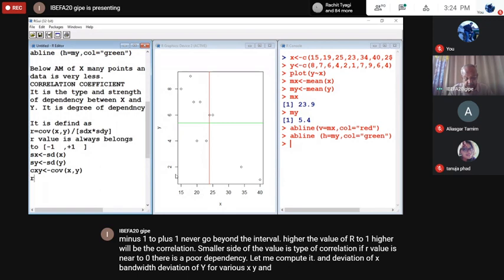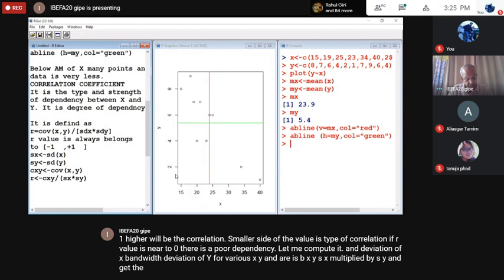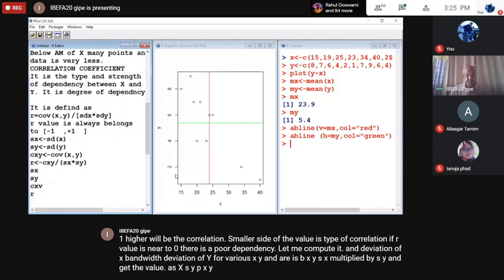And R is CXY divided by SX multiplied by SY. And get the values SX, SY, CXY and R.